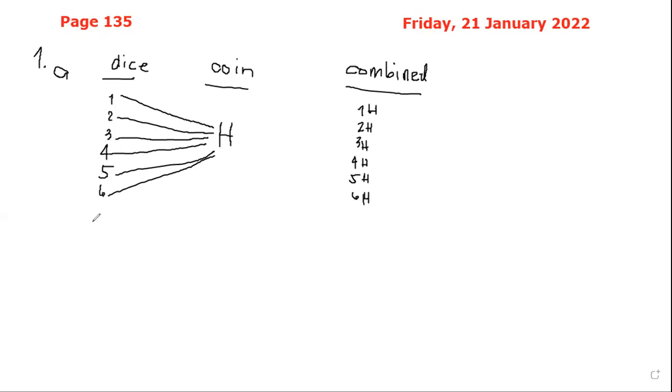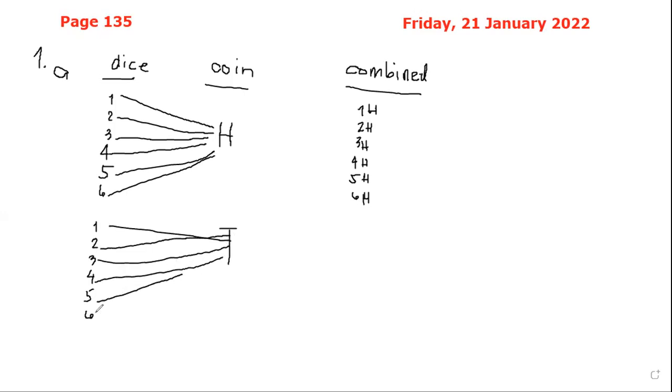Or you can have 1, 2, 3, 4, 5, 6 and a tail for the second event. So you can have 1 and a tail, 2 and a tail, 3 and a tail, 4 and a tail, 5 and a tail, and 6 and a tail.